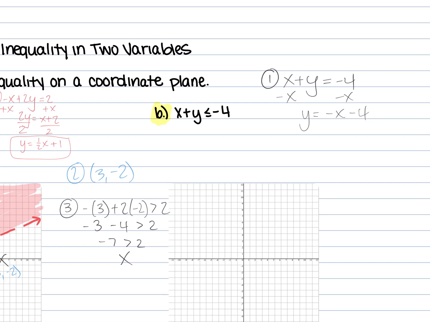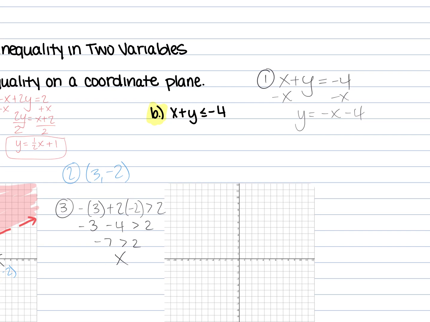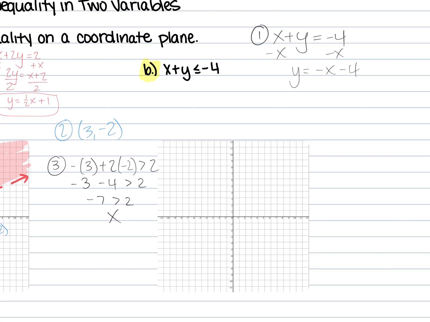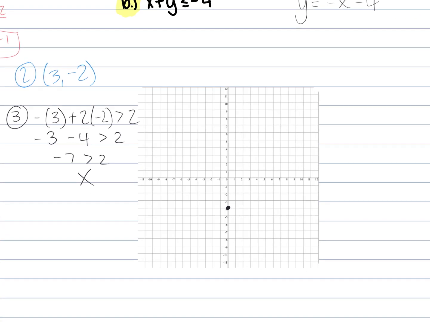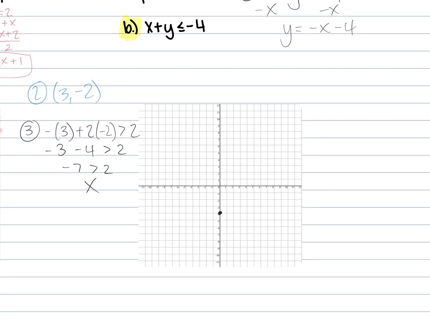Okay, can you graph that for me? Okay, so you started where? -4 on the y-axis. Then what'd you do? Then you go down 1 to the right 1. Perfect.